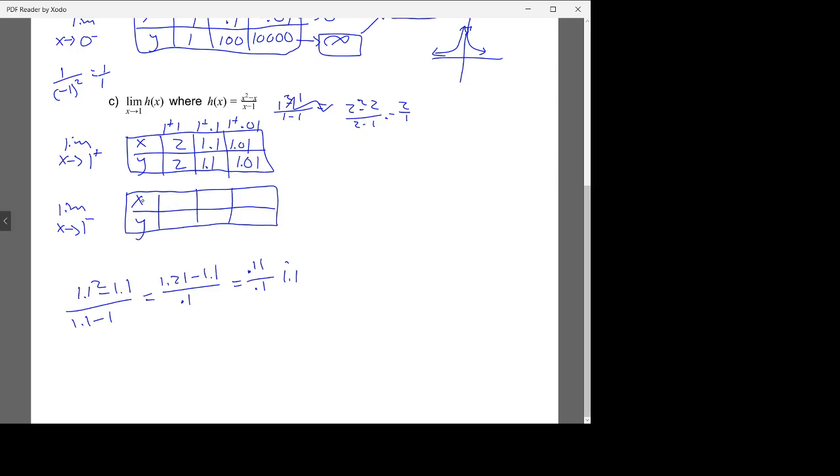And the same thing here, we have 1 minus a dollar, 1 minus a dime, and 1 minus a penny. So 0, 0.9, and 0.99. If you plug those in and do the algebra, you should get the same numbers again. So the x values are getting closer and closer to 1. In this case, the y values are also getting closer and closer to 1. That's interesting.